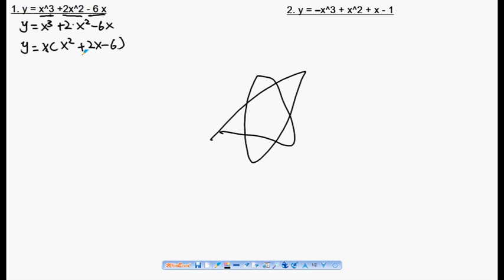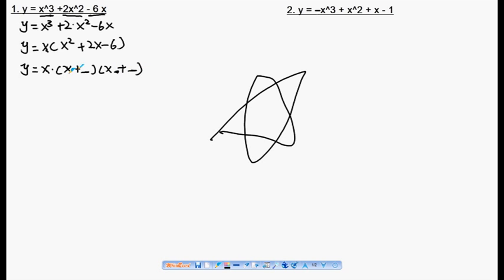Now we have to factorize the quadratic equation in the form of x plus a number, and bracket x plus a number.